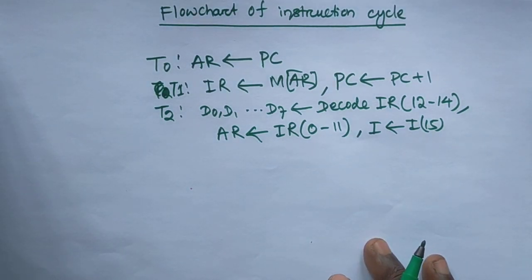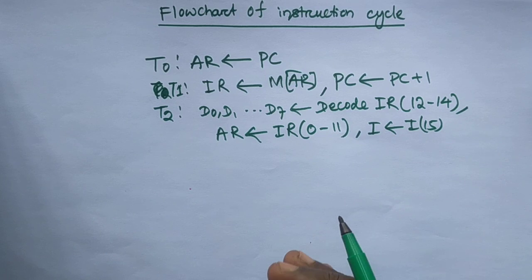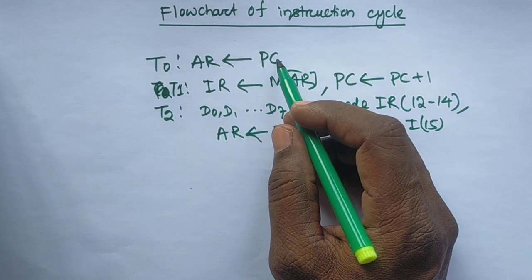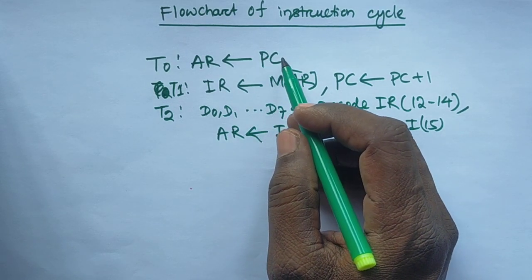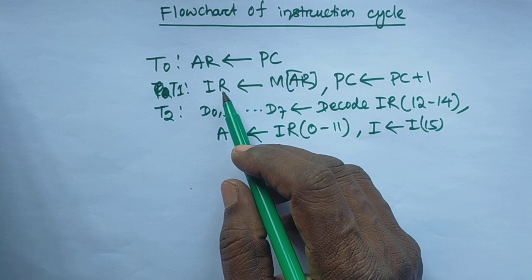Whenever we need to start any execution, before that we go through this kind of time slot for processing our instruction. First, fetch an instruction from memory: the PC points to the particular instruction in memory, which is transferred and assigned to the instruction register.